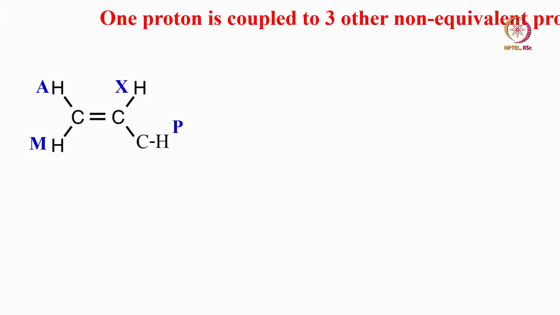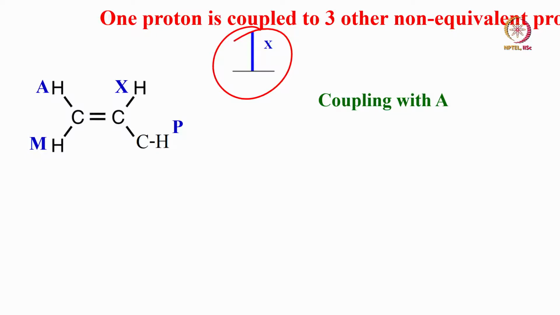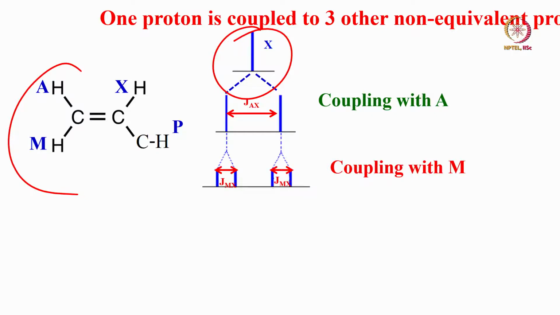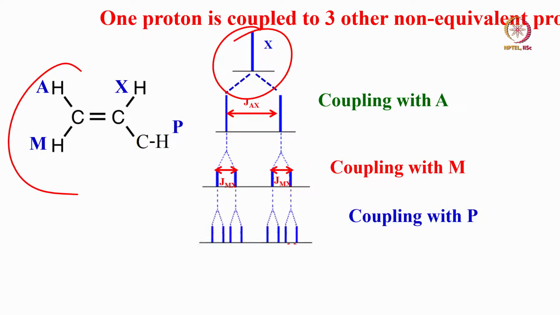Now one proton is coupled to 3 other protons, let us say. What is going to happen? Look at this, this is proton X. Proton X can couple to proton A. Up to this we already understood. We are going to get 2 lines, again 2 lines, 0.5, 0.25 intensity. Now I am bringing in the third proton, coupling with X. What will happen?